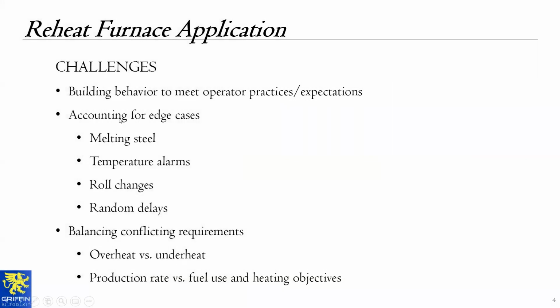Some of the other edge cases that we ran into after the system was in production: we had melting steel. Originally I had conservative temperature limits, like we wouldn't go any higher than 2,400 degrees on the temperature set point. But then I saw operators taking the system out a lot and putting it into like 2,440.